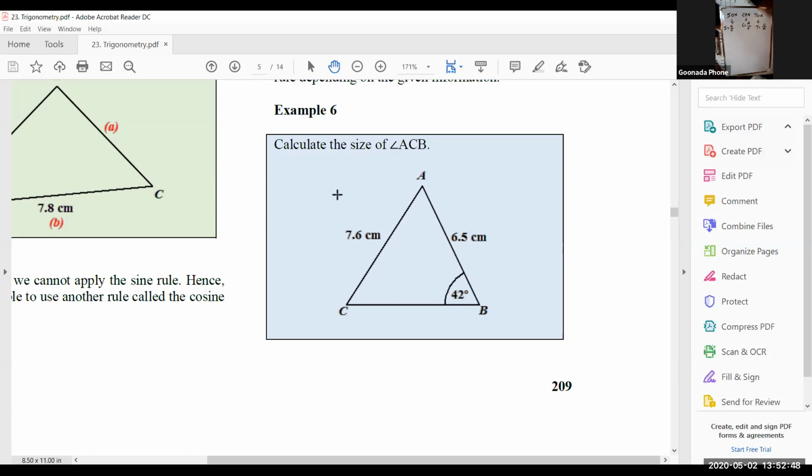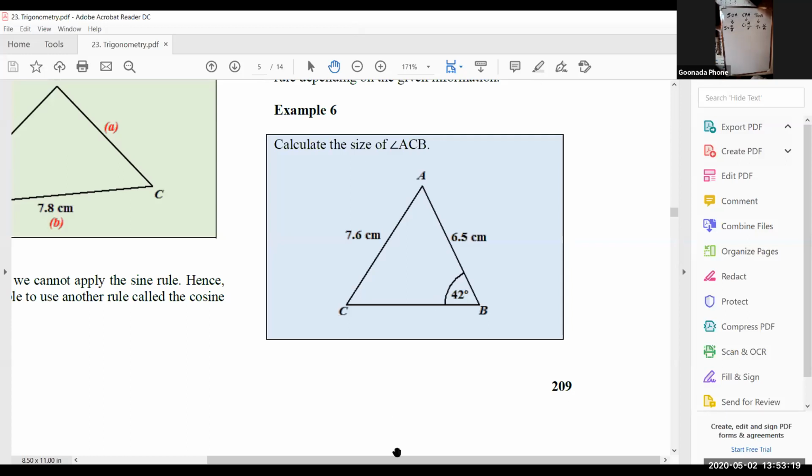Anybody? In this case, we are asked to find an angle, so we're using the sine rule. No, Jada, we're using the sine rule. All right.